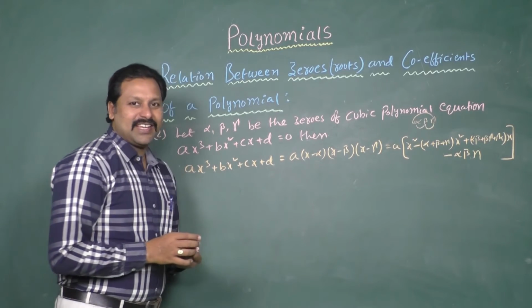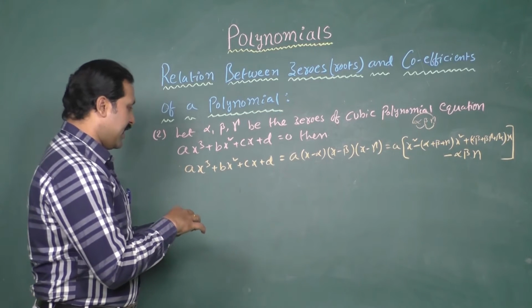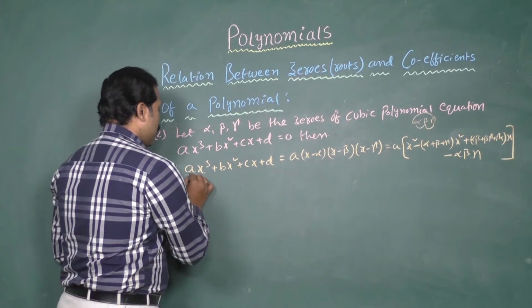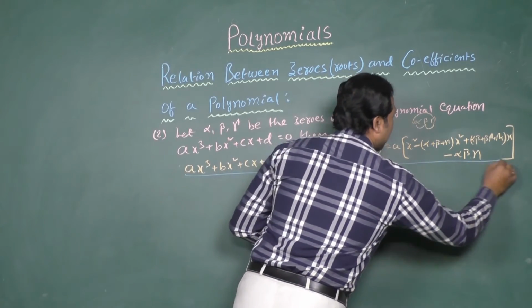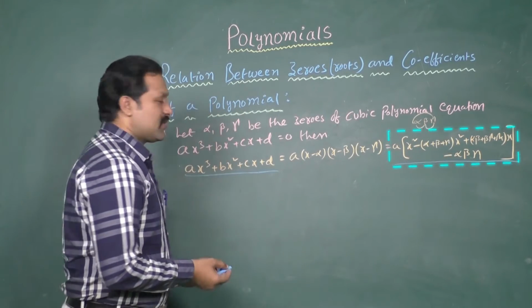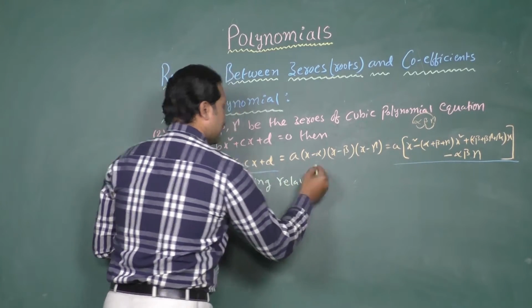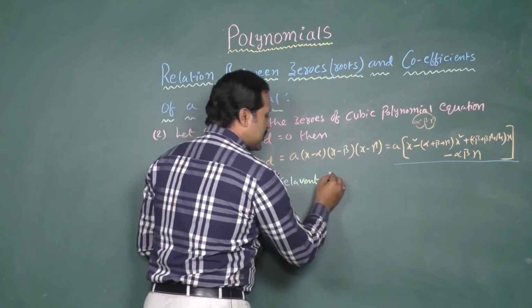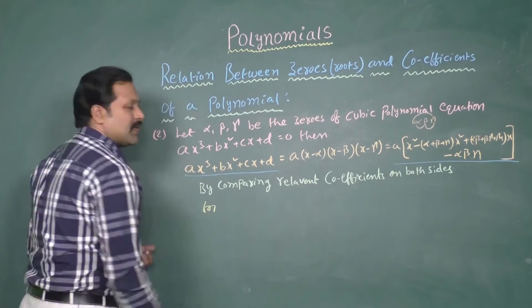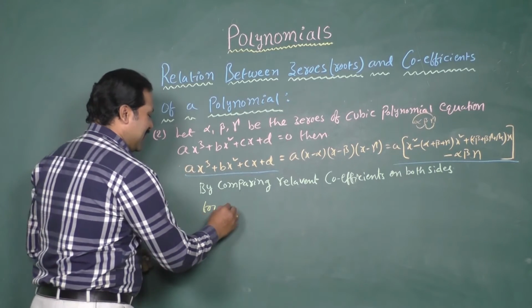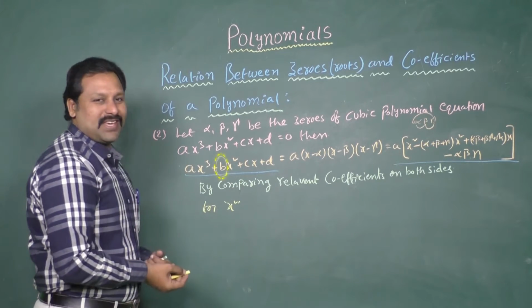Now comparing relevant coefficients on both sides. In the left hand side, we have ax cube plus bx square plus cx plus d. In the right hand side, a times of this. For x square coefficient, in the left hand side, x square coefficient is b.